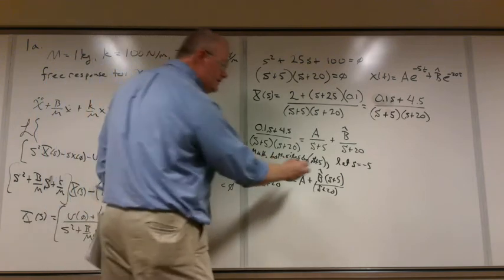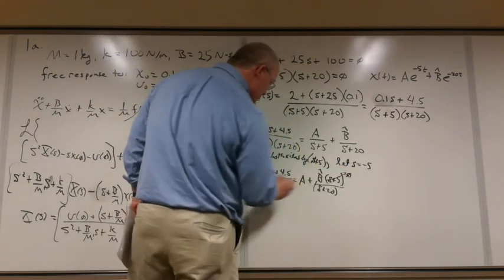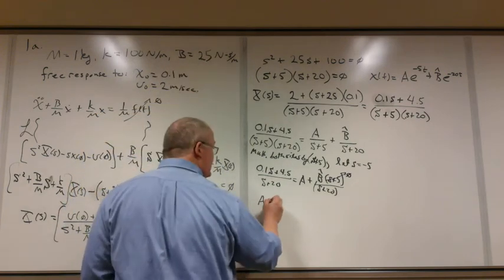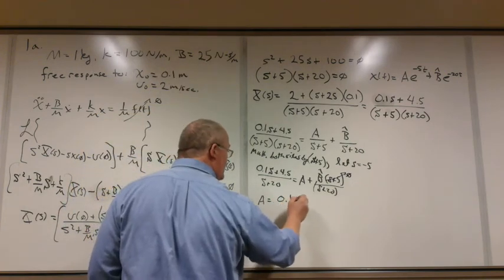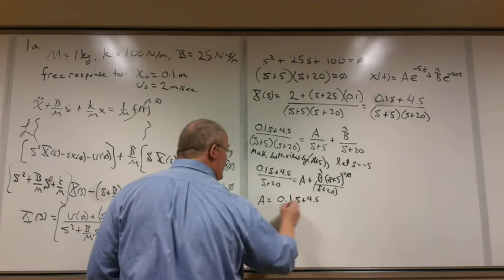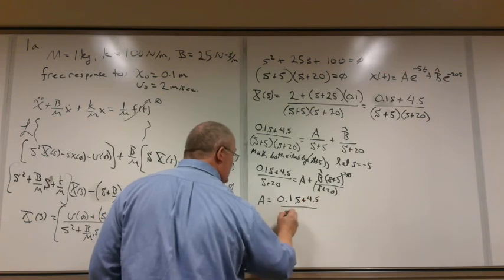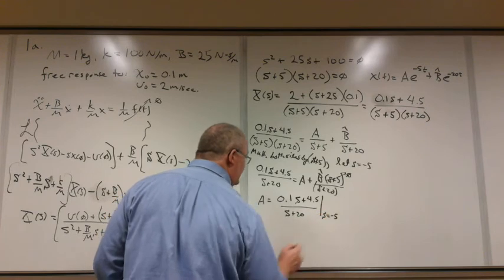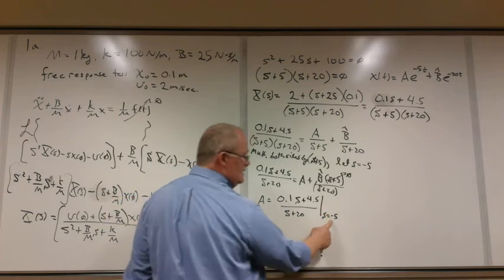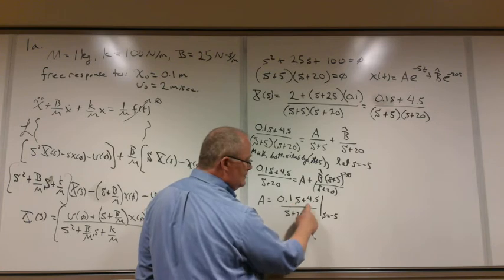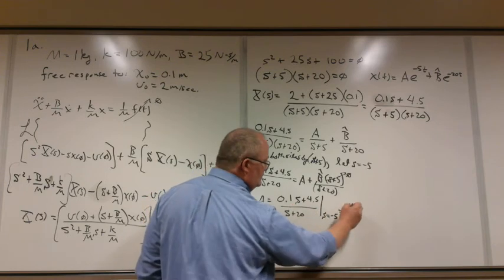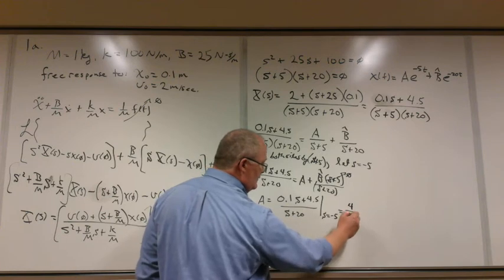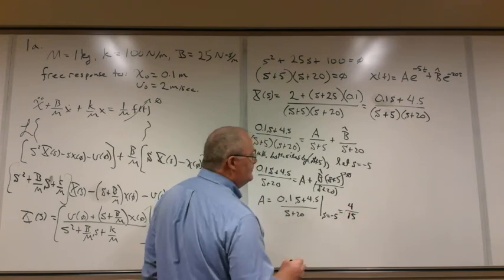If s goes to negative 5, this term goes to 0. And so what we have is that a is equal to 0.1 s plus 4.5 over s plus 20, evaluated at s equal to minus 5. 0.1 times minus 5 gives us minus 0.5, plus 4.5 is equal to 4, over minus 5 plus 20, which is 15. So a is 4/15.